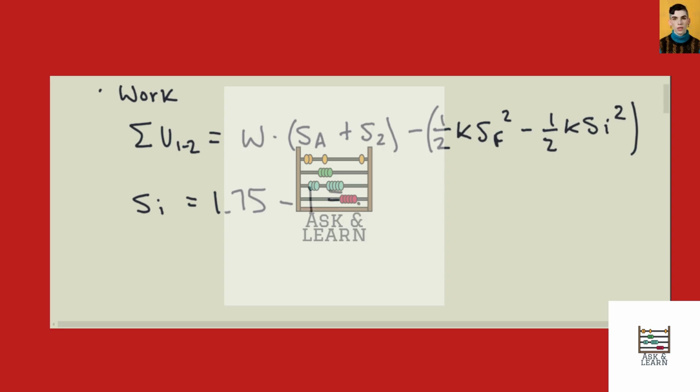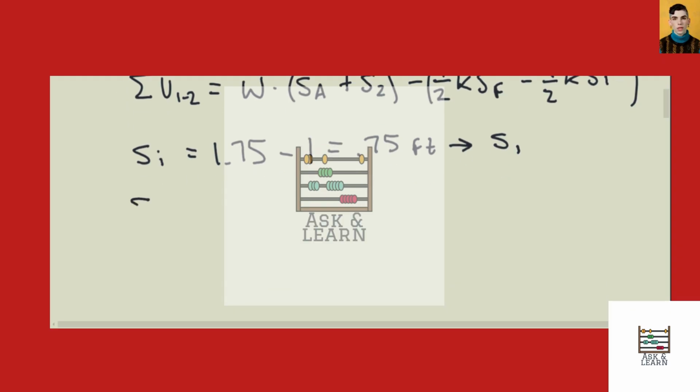So S initial will be 0.75 feet. We'll call this S1, which means that S final, the final distance that the spring compresses, will be that 0.75 feet plus some distance it'll compress after the collision, which is S2.